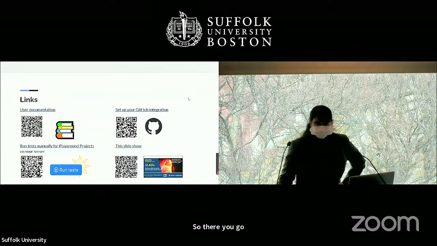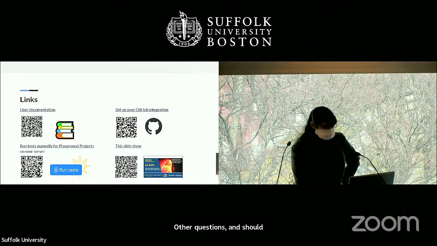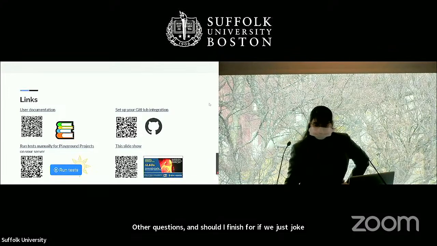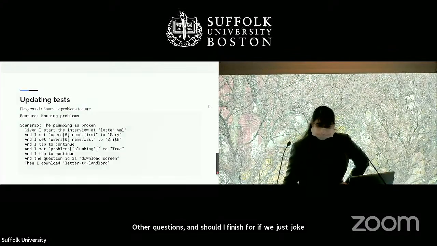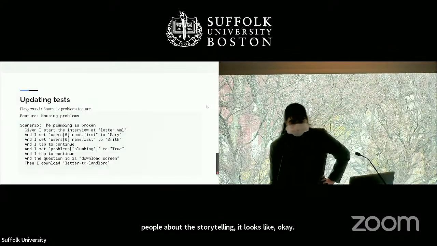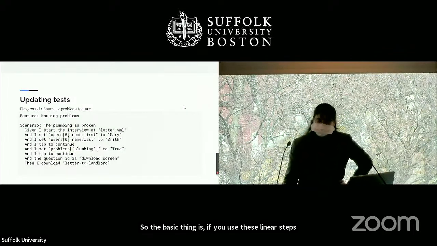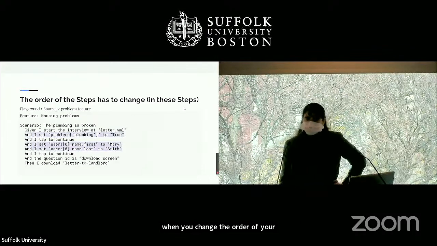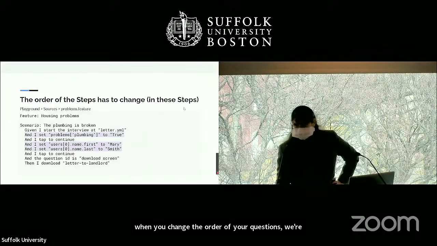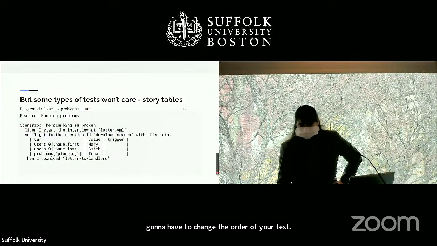Other questions? And should I finish? I think we just show people what the story table looks like. Okay, so the basic thing is, if you use these linear steps, when you change the order of your questions, you're going to have to change the order of your test, and update all your tests, even if you have a bunch of them.